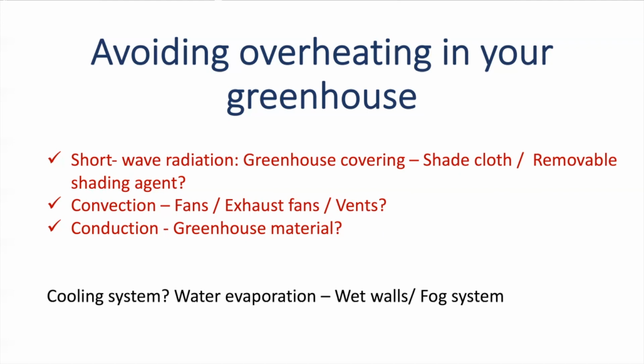Think which greenhouse covering can be the best to promote ideal temperature in your greenhouse. For example, in dry areas where cooling capacity is higher, polycarbonate, polyethylene greenhouse, or glass can be a good option to implement a cooling system with a wet wall and exhaust fans.